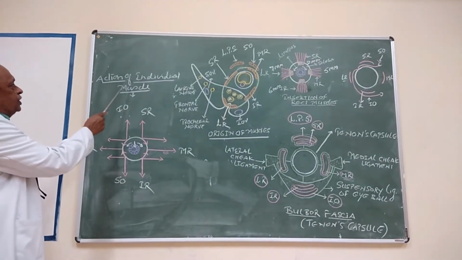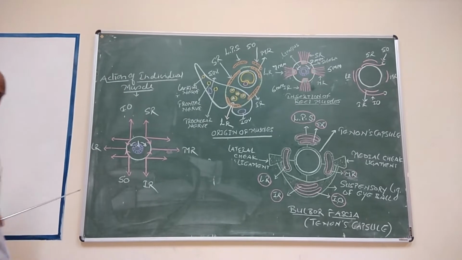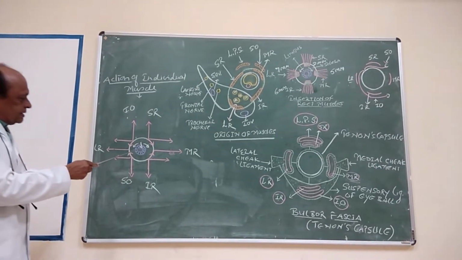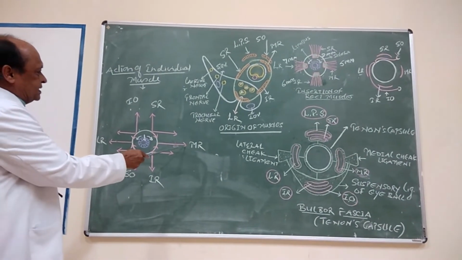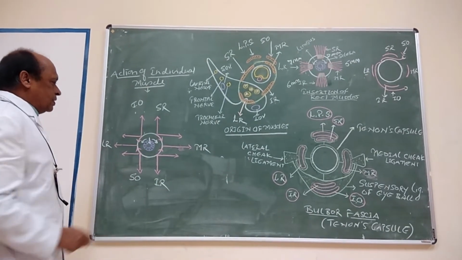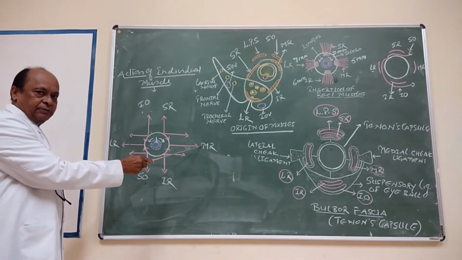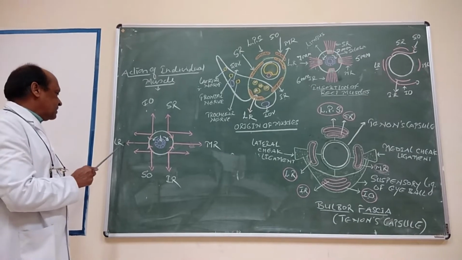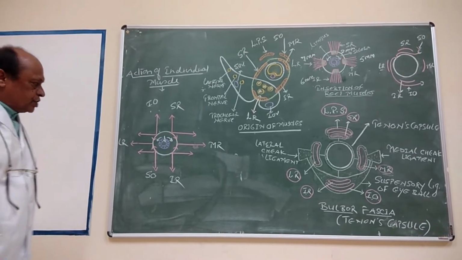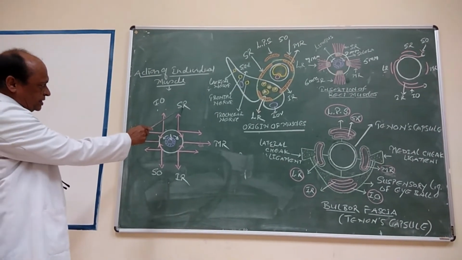See the action of individual muscle. Look at this diagram. The medial rectus is responsible for medial rotation of eyeball, and lateral rectus responsible for lateral rotation of eyeball. Look at the superior rectus.